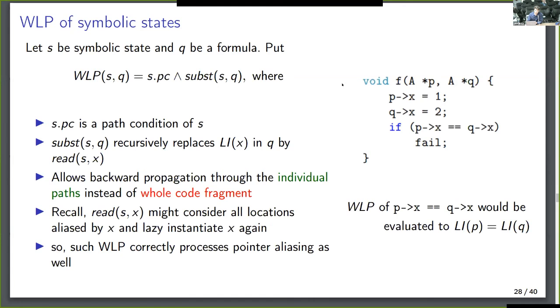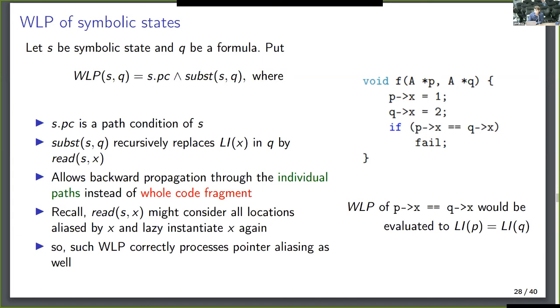So for instance, here we have two pointers and we have a code that writes x into the pointer p, then writes 1 into the field x of the location referenced by pointer p, and then it writes 2 to the same field of the pointer q. And we fail if the results stored in those two fields are equal.